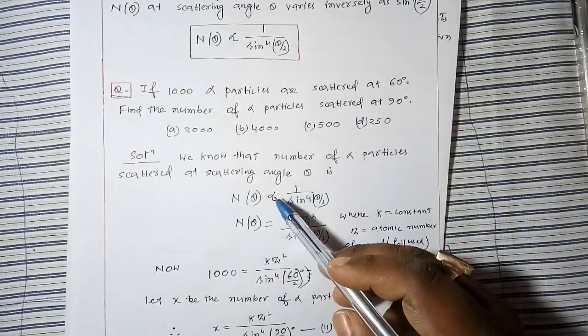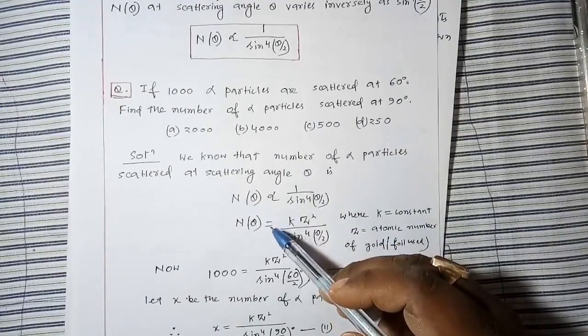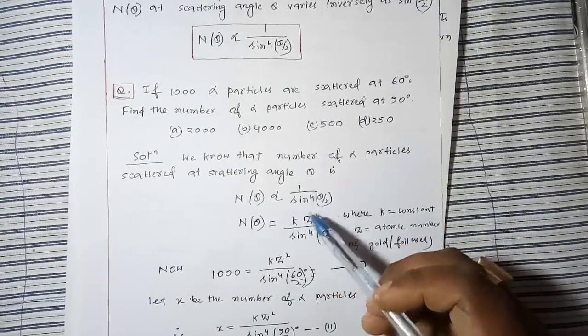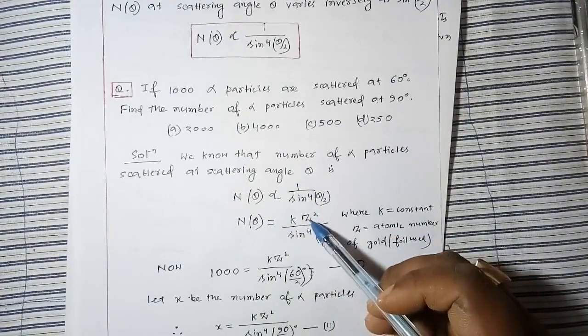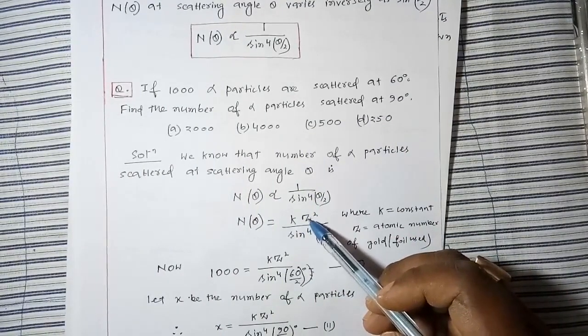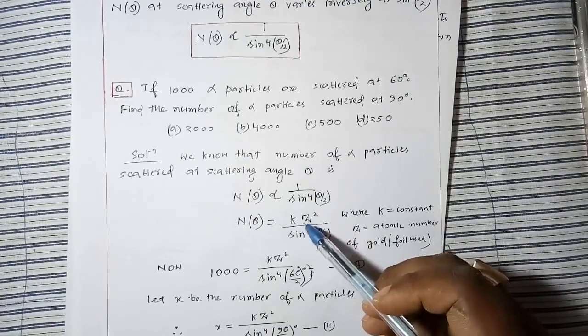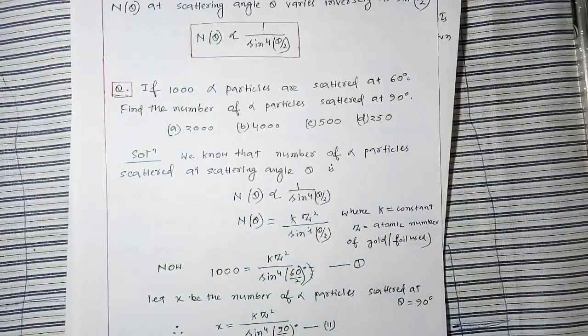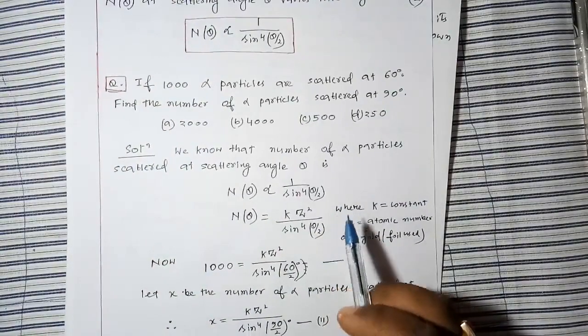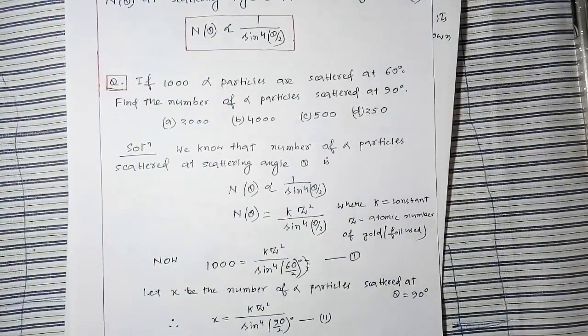Whenever we replace the proportionality sign by an equal sign, we can put a constant. K is a constant, and Z is the atomic number of the foil that we are using, which is also constant. For gold it is 79. For other foils it will be different, but it is constant for a particular arrangement. Are you getting my point? So it is very easy. N theta is equal to KZ square by sine to the power 4 theta by 2.